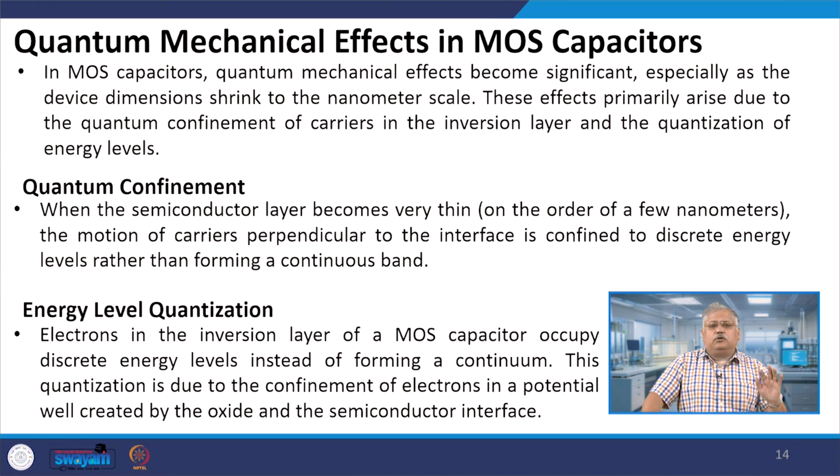This is basically known as quantum confinement, right, of the motion of the carriers perpendicular to the interface. So, if this is the interface, perpendicular to the interface the carriers are always moving through a discrete energy level.